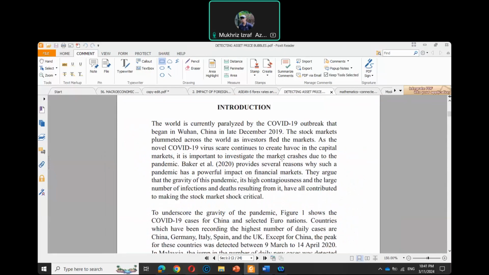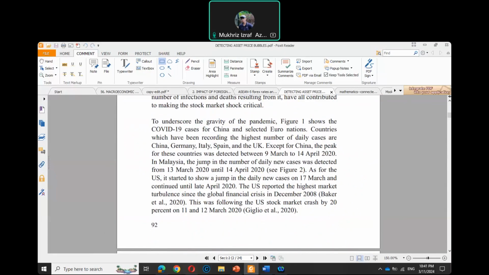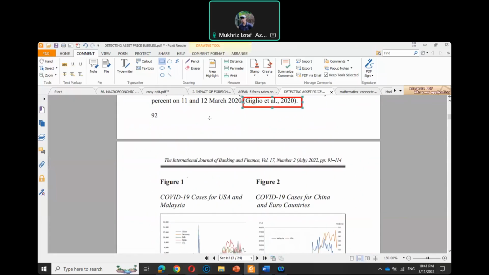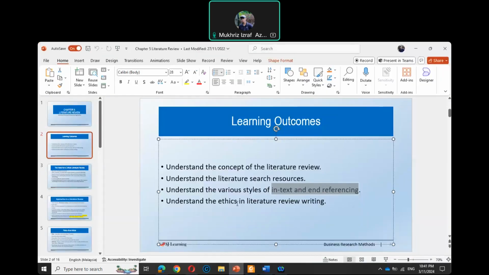So there are a few styles that you need to be aware of. For example, this one, at the end of the sentence, is the author's name. These are different ways that you will go through, and you need to learn the proper techniques.